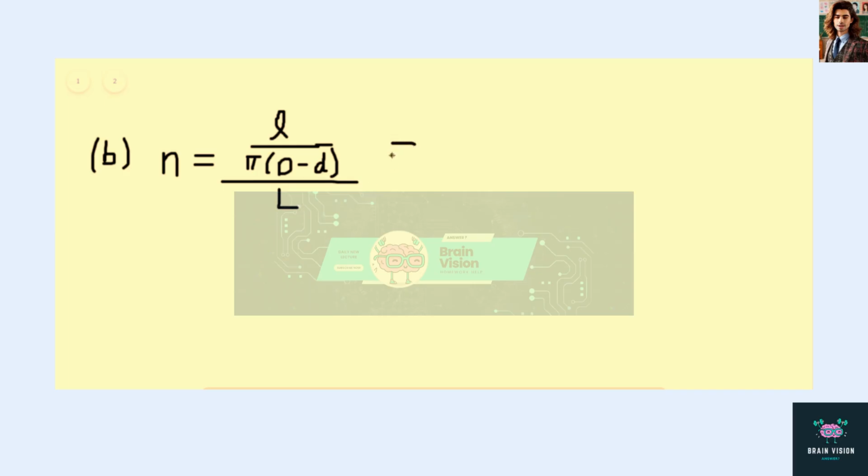The top value gives us the number of turns and the bottom value gives us per unit length of the solenoid. So this comes out to equal 500 turns per meter.